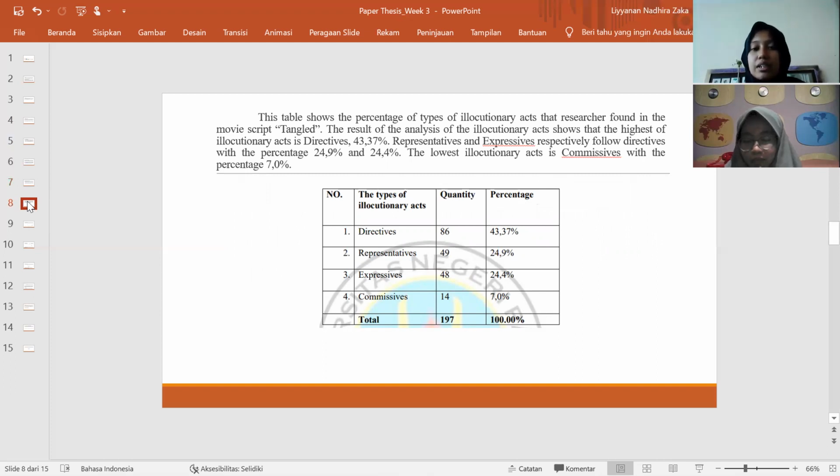The result of the analysis shows that the highest illocutionary act is directive at 37%, followed by representative and expressive with percentages of 24.9% and 24.4% respectively. The lowest illocutionary act is commissive with a percentage of 7%.